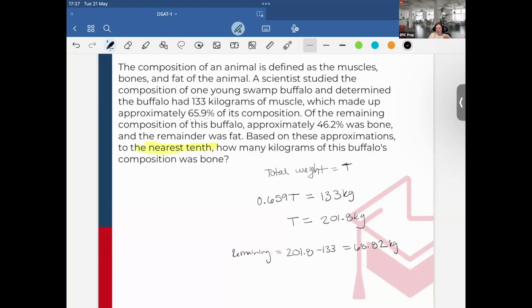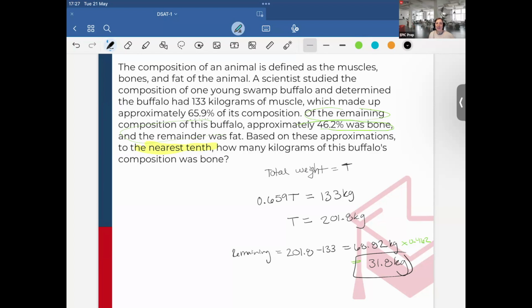Okay, because it says of the remaining composition of the buffalo, approximately 46.2% was bone. So this multiplied by 0.462 will be made up of bone. And when I multiply that, that gives me 31.8 kilograms. And then I have my answer.